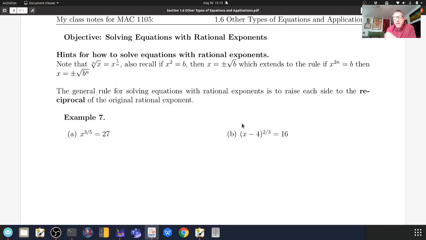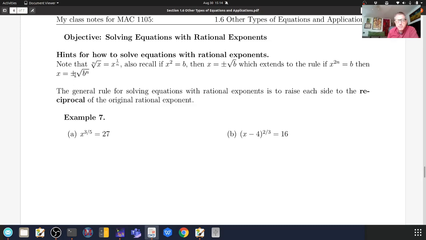If x is raised to an even number, so 2 times any integer is even, and 2 times any natural number is going to be an even positive number. So if x to the 2n is equal to b, then x is equal to plus or minus b raised to the 2n divided by 2, which is the nth power.